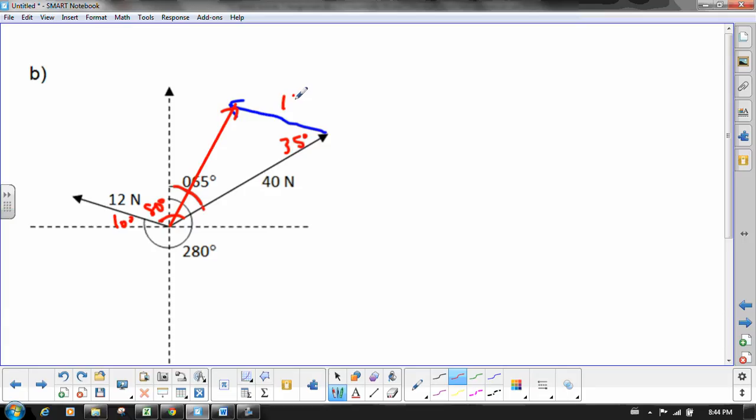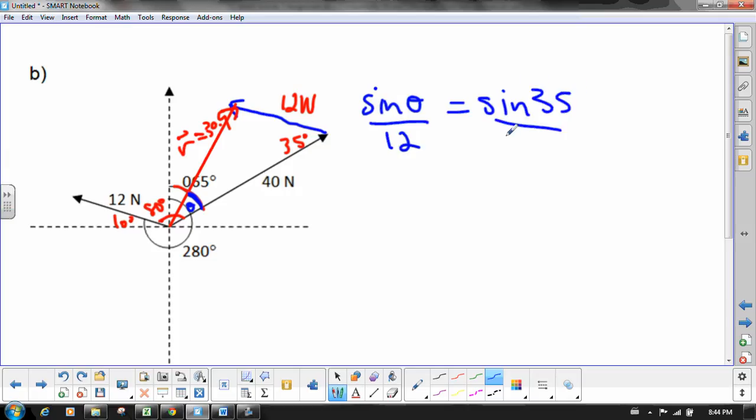We know that this is 12 newtons. And then using cosine law, we can find that the resultant is 30.9. From here, we are going to find this angle. So the one that I'm going to shade blue. So this blue shaded angle is going to be theta. And we're going to use sine law for that because it's not a right triangle. So I have sine of theta over 12. It's going to equal sine of 35 over 30.9.